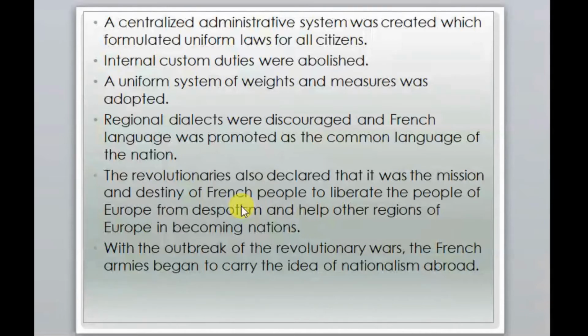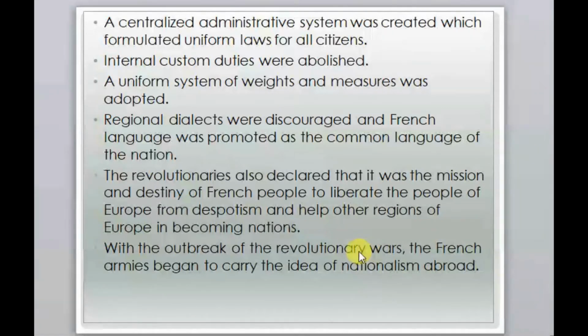Their activities and campaigns prepared the way for the French armies which moved into Holland, Belgium, Switzerland and much of Italy in the 1790s. With the outbreak of revolutionary wars, the French armies began to carry the idea of nationalism abroad.